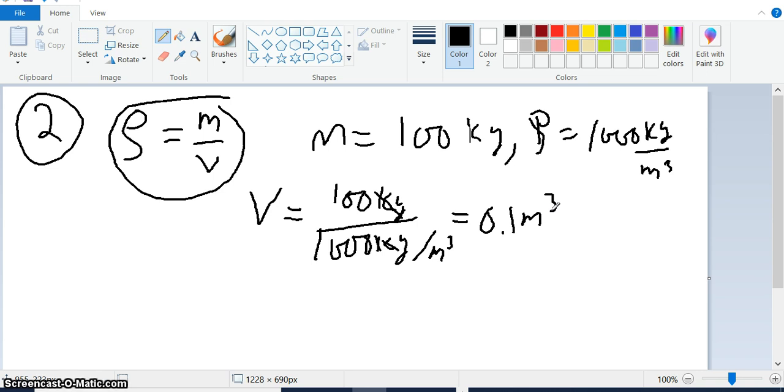Why do we need that? Well, they give us the density of a neutron star as 3 times 10 to the 17th kilograms per cubic meter. To figure out the mass, you stick with this equation.